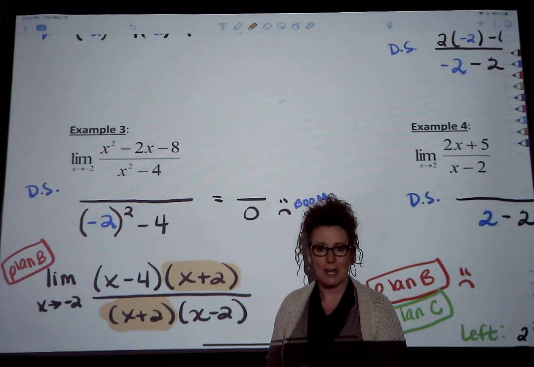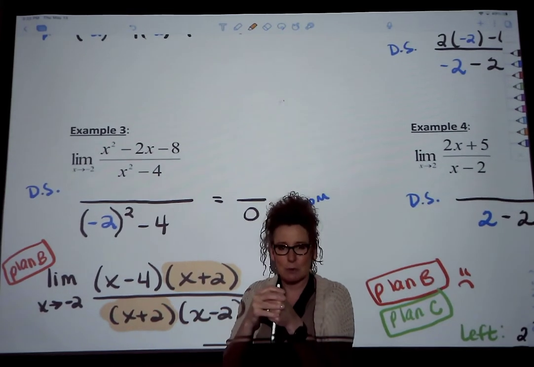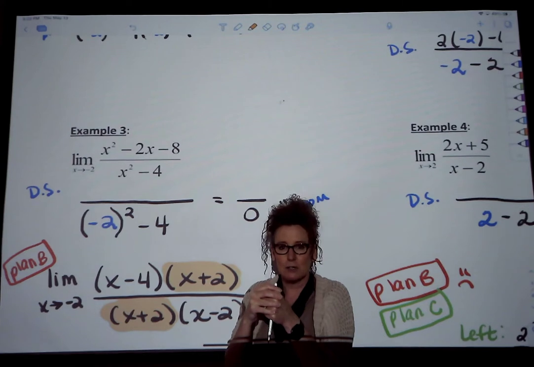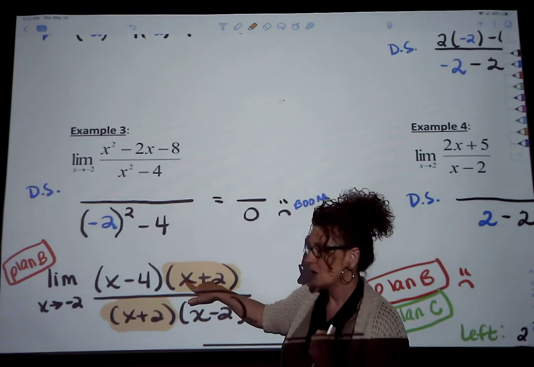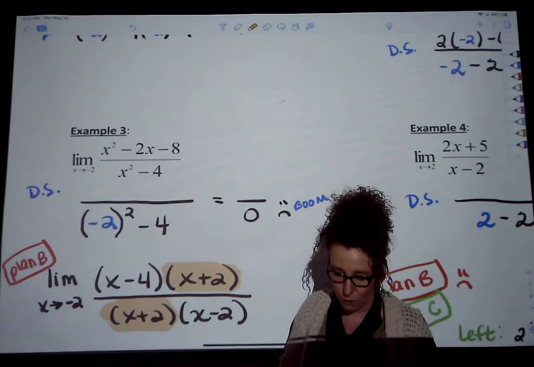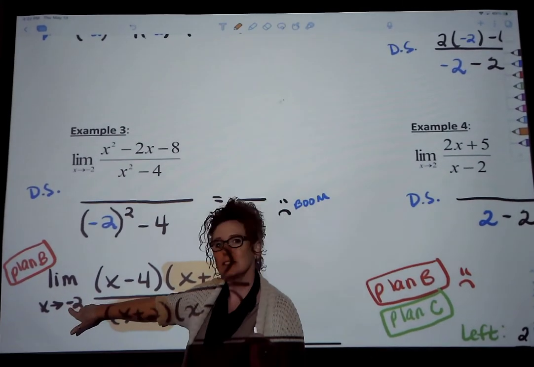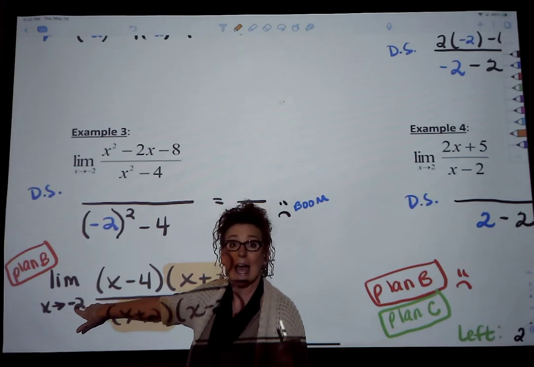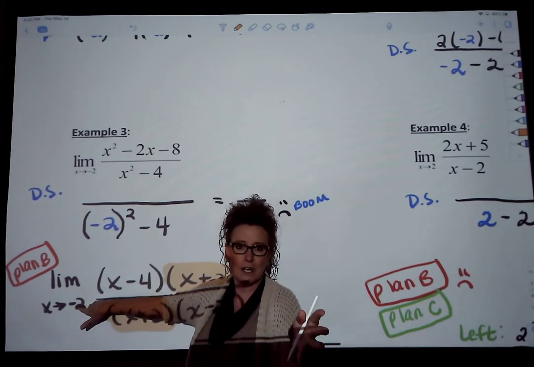That's why it's blowing up. When I try to sub in negative 2, there's a hole there. That's why it's blowing up. So here's what I'm going to want you to do. I'm going to say we're going to ignore the hole. Because remember, when we're doing a limit, I really don't care what's happening at negative 2. Who cares that there's a hole there?